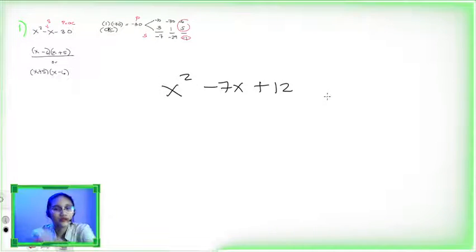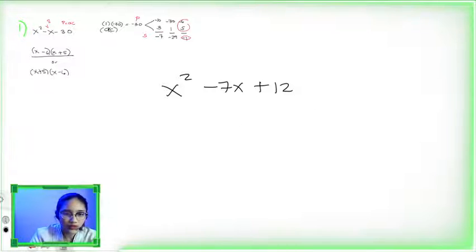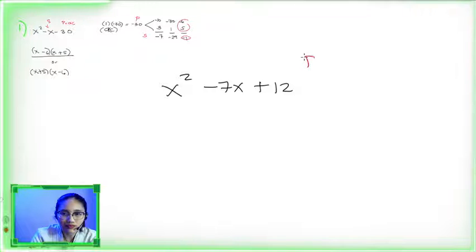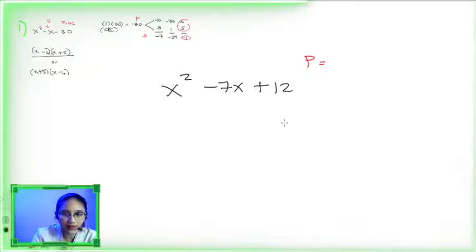So again, we get the product of A and C. Ang A po natin again ay 1, ang C ay 12. So the product now is equal to 12. Correct?